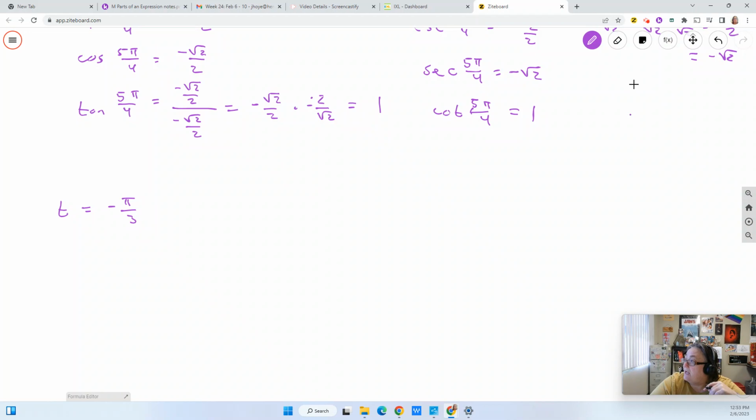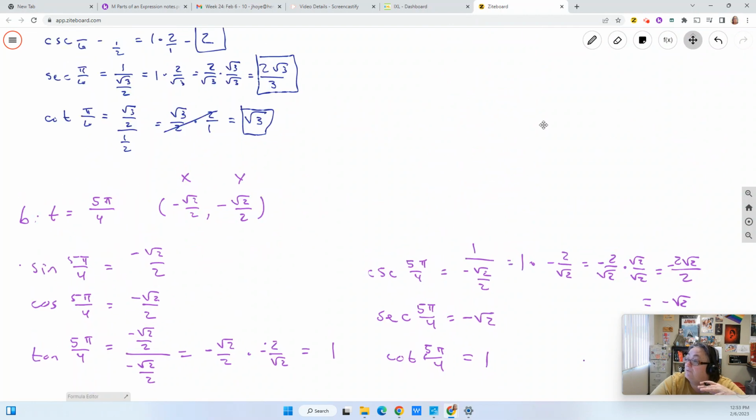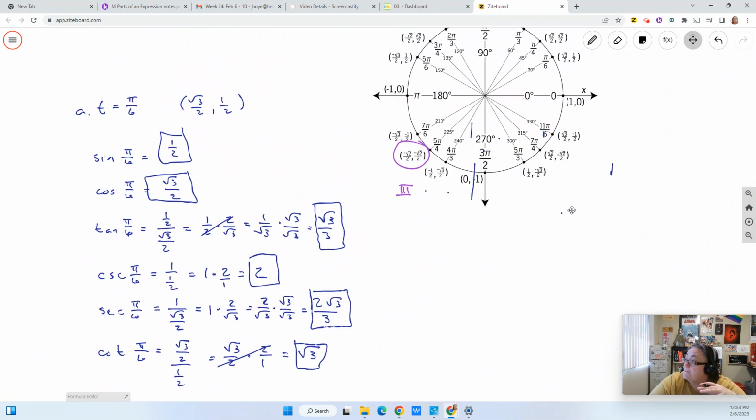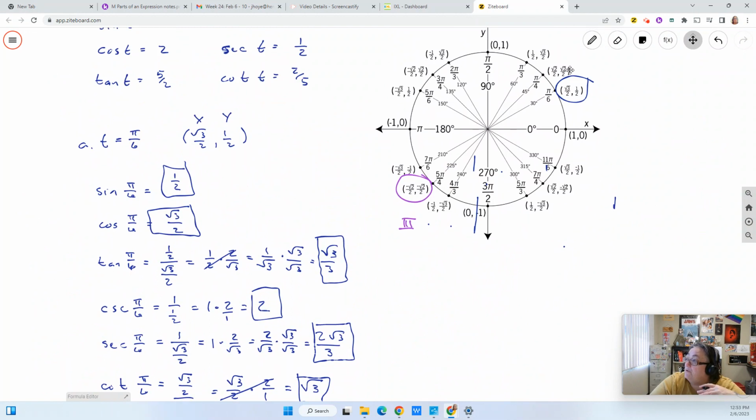So if you look at your unit circle and we want to find negative pi over 3, well, pi over 3 is at 60 degrees here. It's going to be the same thing, right? Down here, but it's going in this direction. So if you go up 1 quadrant here to get pi over 3, it's the same thing down here.